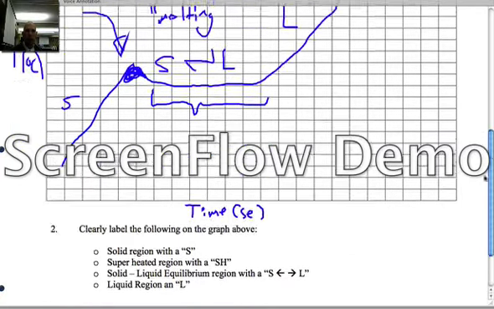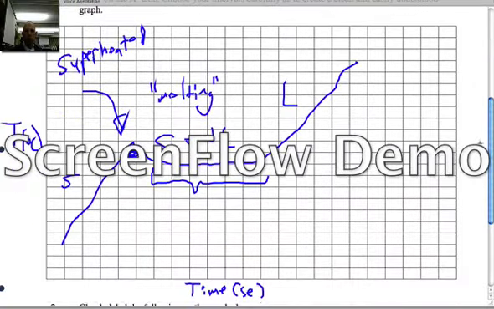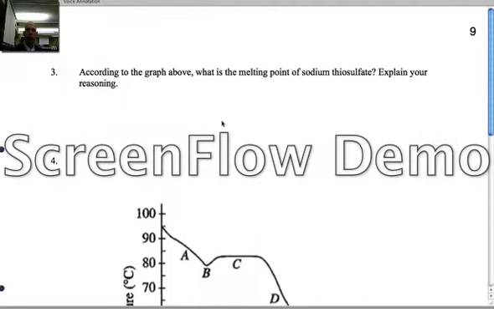Okay, so clearly labeled that whole thing. Now let's say that really this should be the same temperature as before. Let's just call it the same temperature since this is the key, because the melting point and the freezing point are really the same temperature. So according to the graph above on the other page, ooh, let's go get my little pen. What's the melting point? See answer to cooling curve.